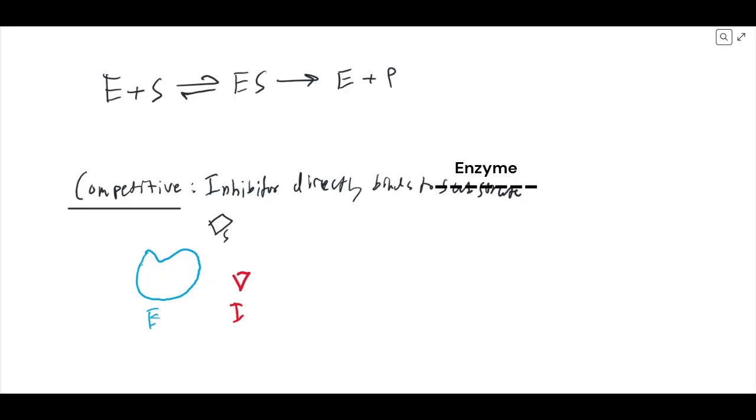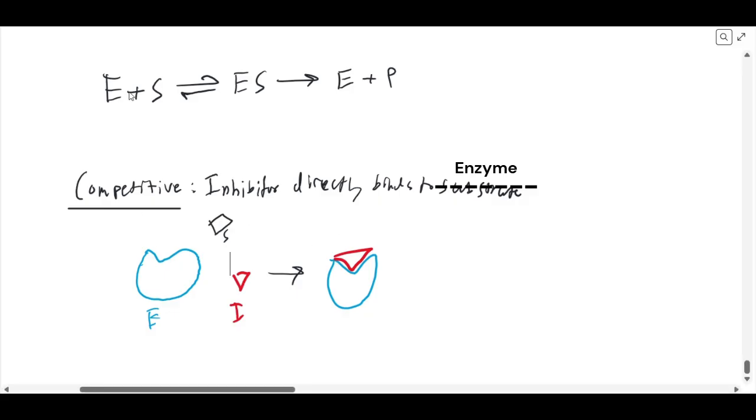So for this competitive inhibitor, we will eventually get a reaction that will look something like this, where the inhibitor directly binds to the active site of the enzyme, which makes it difficult for the substrate to even configure with the enzyme itself.